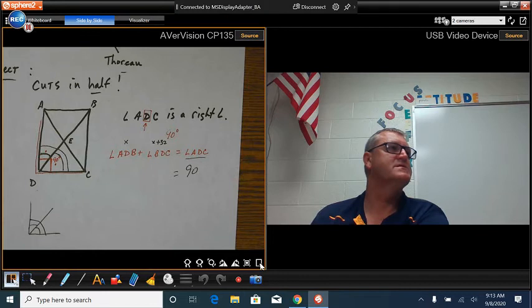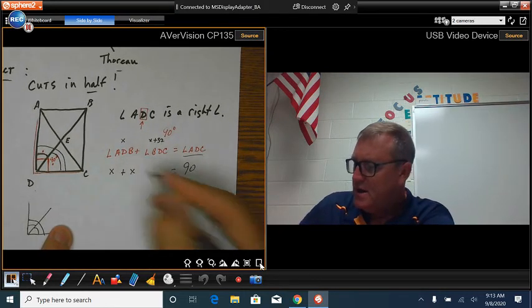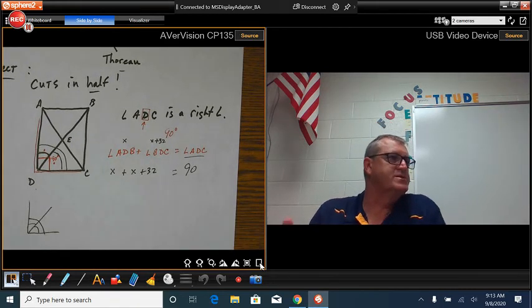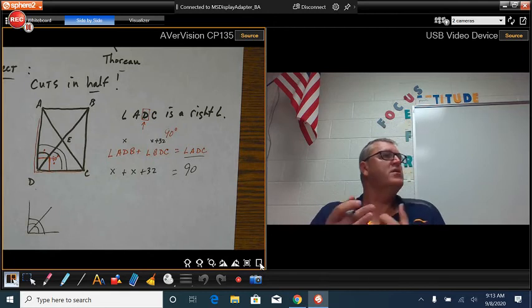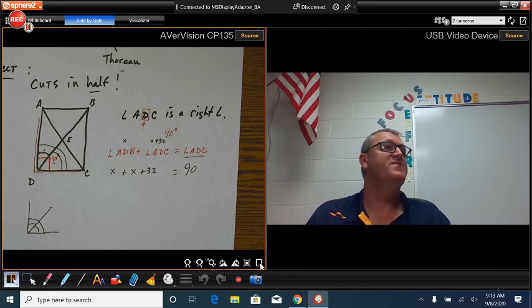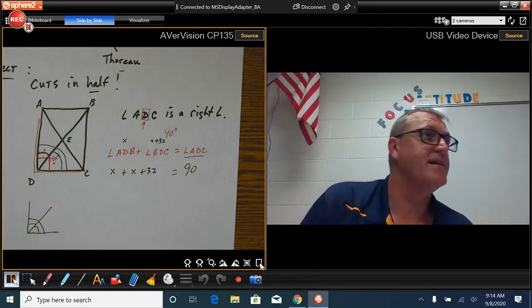Does that make sense? Now I can't just say x plus 32 and that's it, because I don't know what the measure of angle ADB is. If it's 15, then the other one's 47, because you add 32. Now it's not 15, because it's got to add up to be 90.